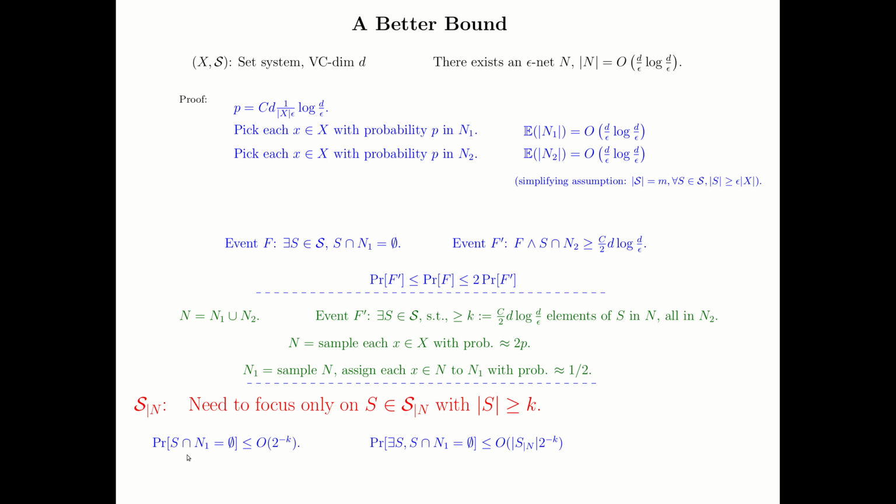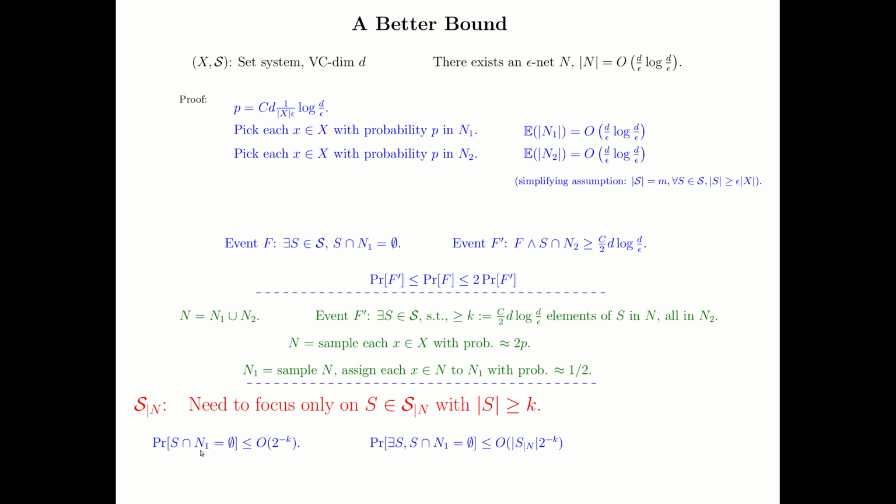So what is the probability of F prime happening? The probability of F prime happening is the existence of some set S that does not have any element in N1, but it has k elements from N. If you look at N1 in the following sense, then it follows that this probability for this particular S is at most 2 to the minus k.